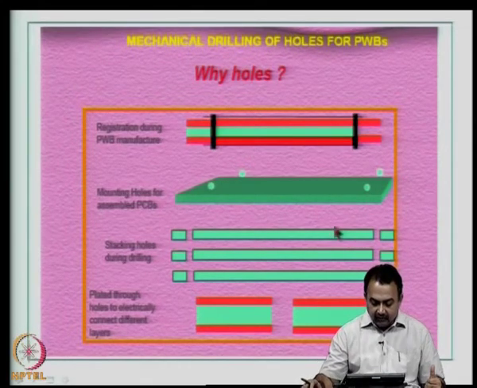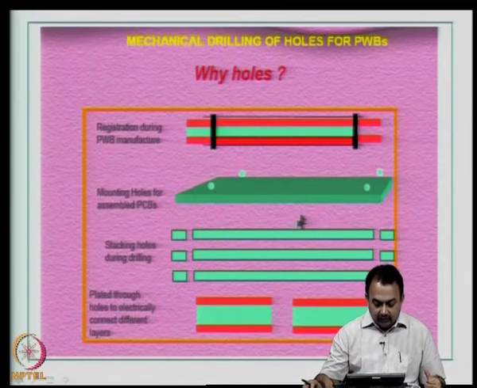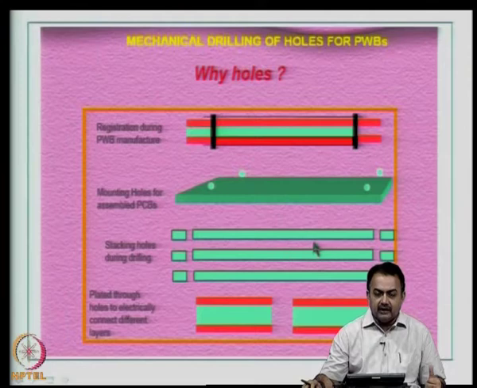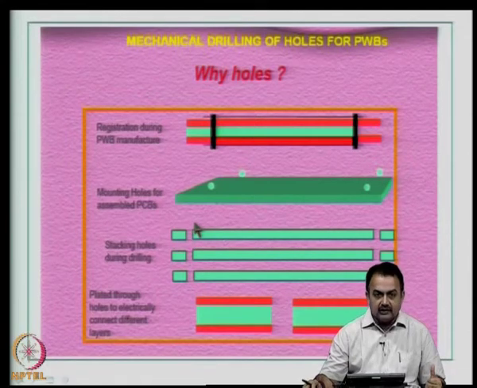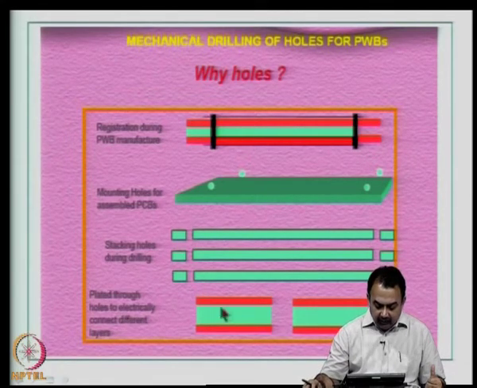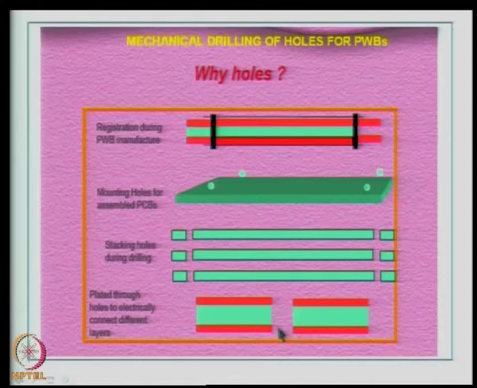Stacking holes during drilling. In a CNC drilling machine, the panels have to be stacked before the drilling process, and therefore, you require stacking holes. And holes are required basically to interconnect two copper layers and make them conductive by plating the hole walls of a mechanically drilled hole.